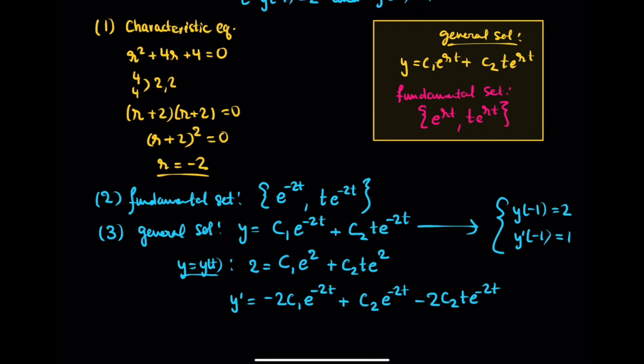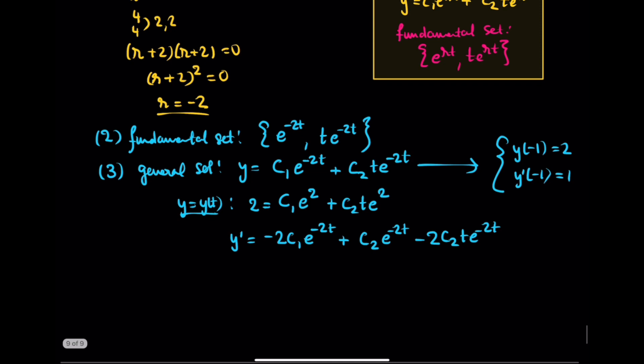All right, so as you can see, this was your first equation. Now we're trying to find the second equation, because we have two unknowns and we need two equations.